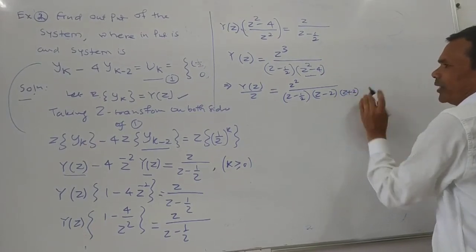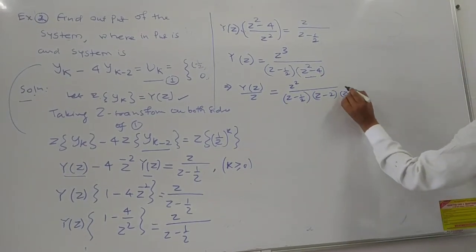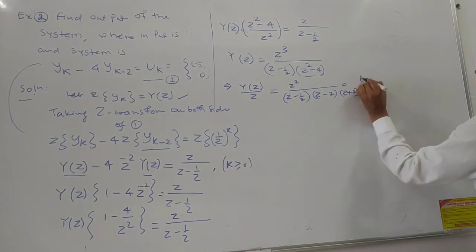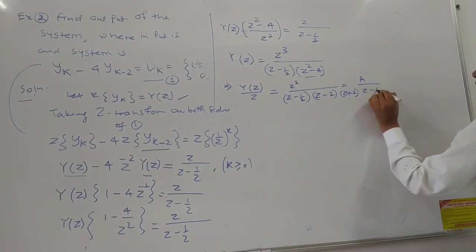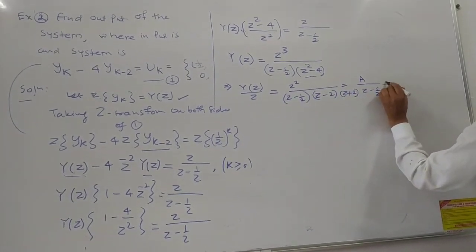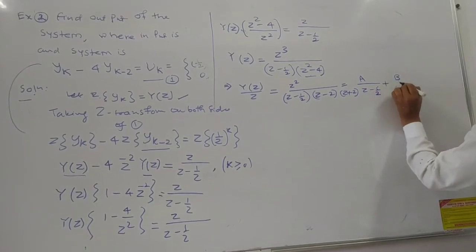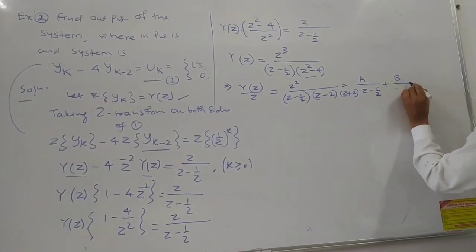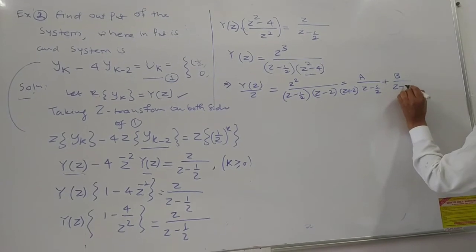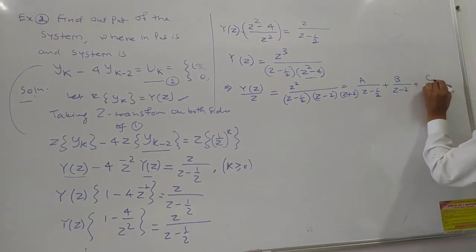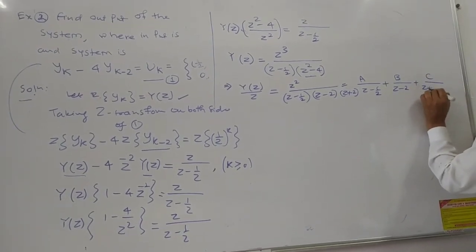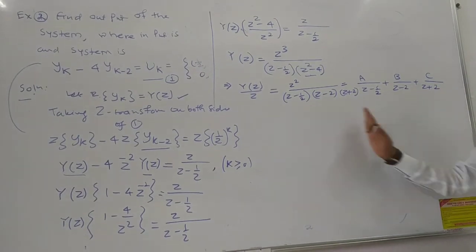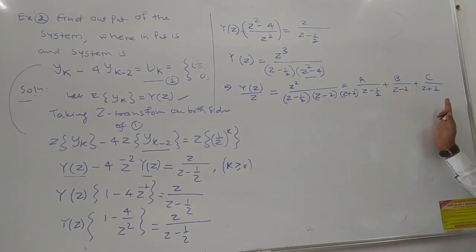It is a partial fraction I am using: a divided by z minus half, plus b divided by z minus 2, plus c divided by z plus 2, because these are linear factors.